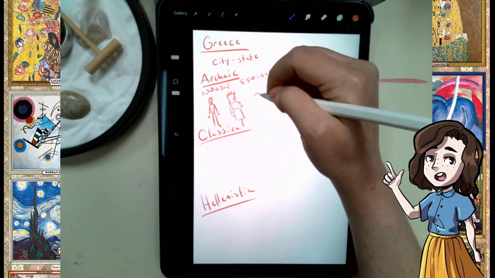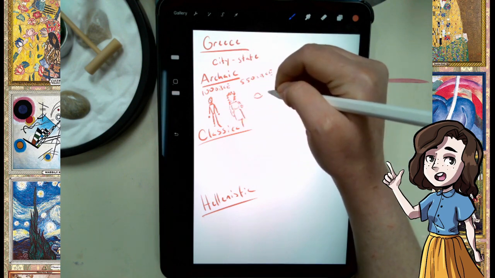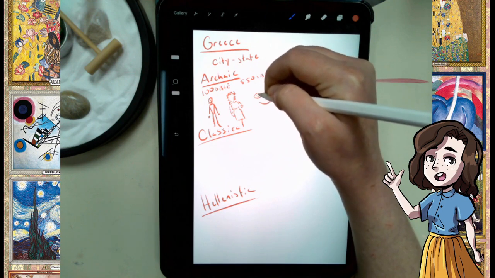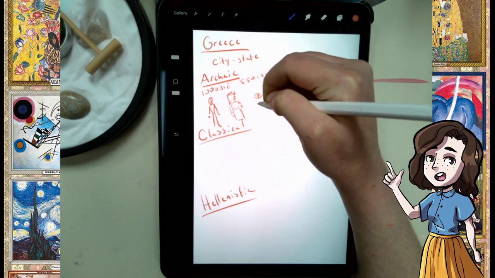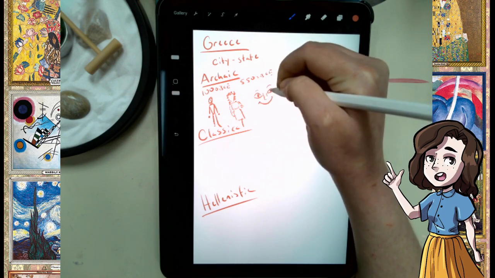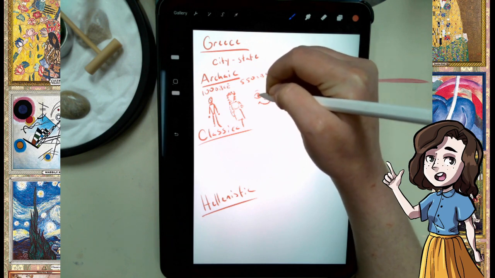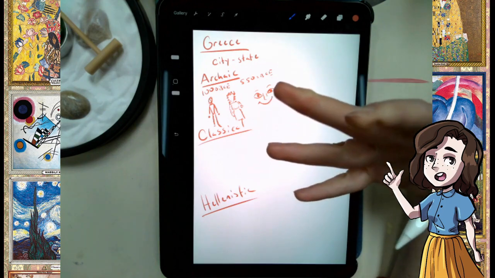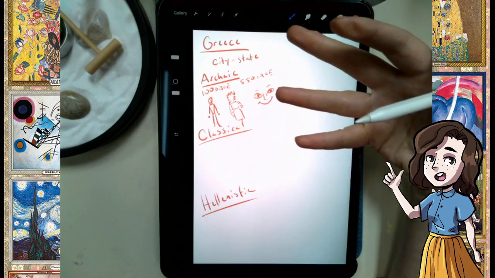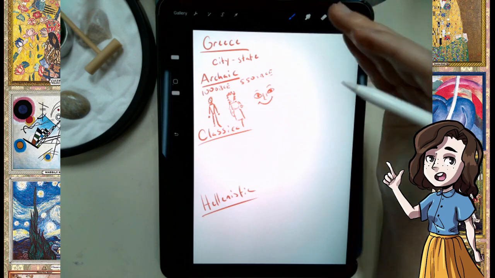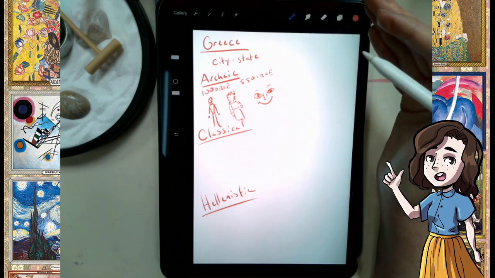Speaking of happy, the big giveaway on archaic style is that archaic smile, right? That "oh, look at me, I'm so happy." This comes from the concept of well-being in death. Death gets played around with as a big concept in a lot of these civilizations.